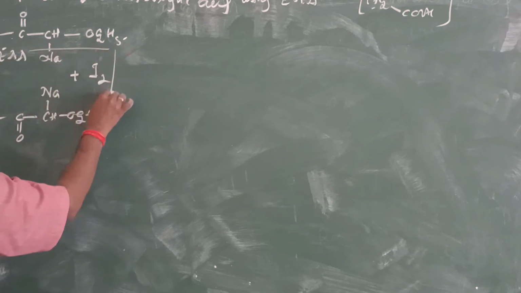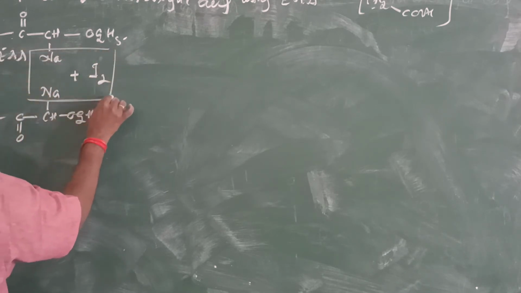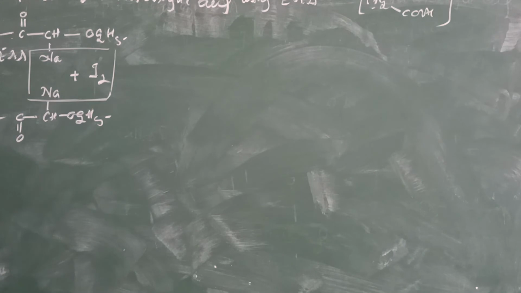So when you did this, what happened? The two molecules of sodium salt of EAA. Okay, so here directly I have used the sodium salt of EAA because you are familiar with this reaction. That is, treating EAA with sodium ethoxide replaces the hydrogen and sodium will get attached.